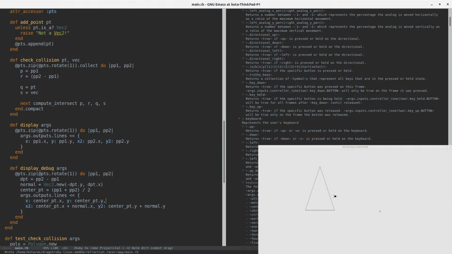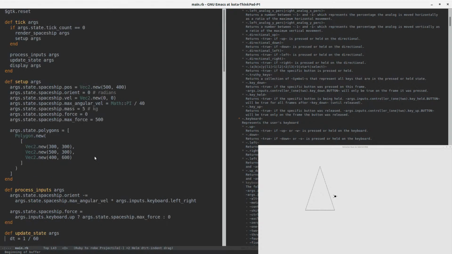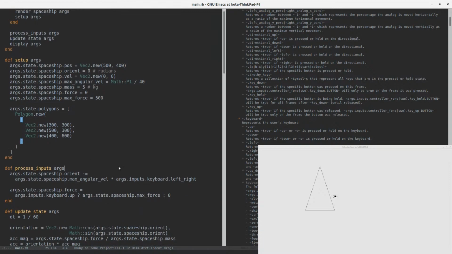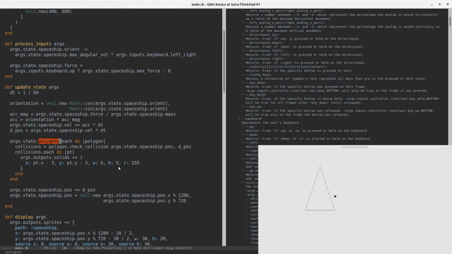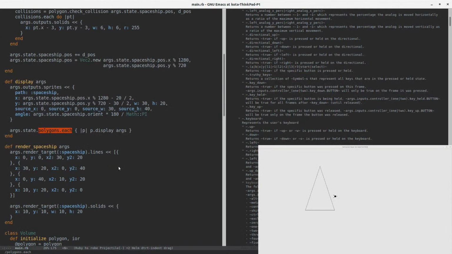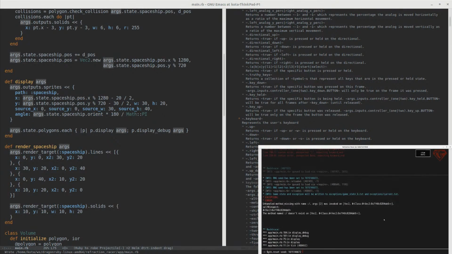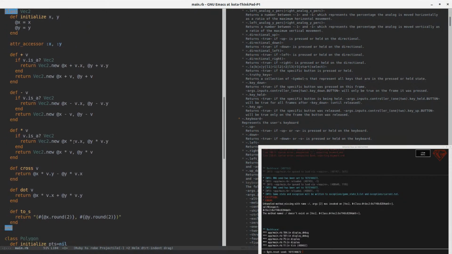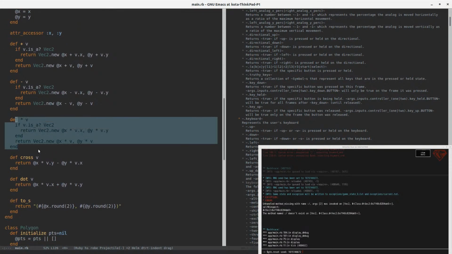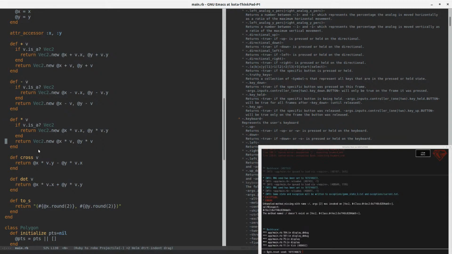Okay, so now we also call display debug up here. Polygons.each, polygons.each. Okay, we'll do p.display debug args. And it doesn't like this. Division doesn't exist on this yet. Okay, we will implement that.